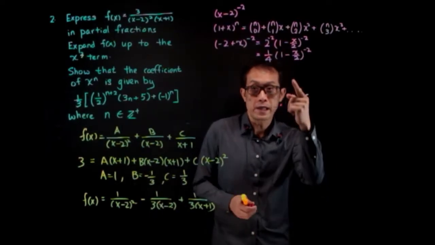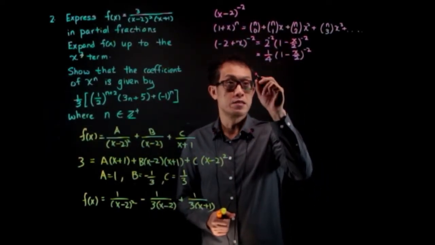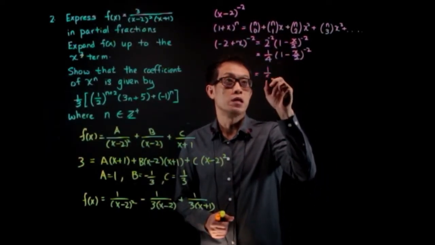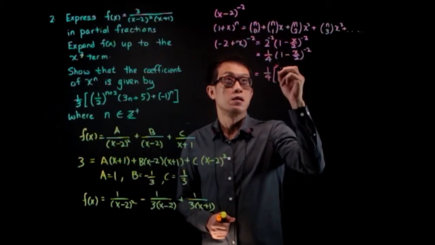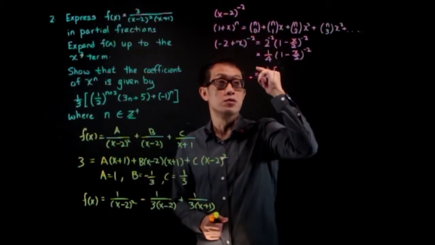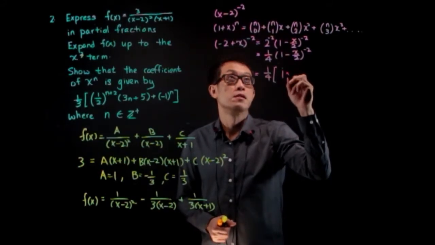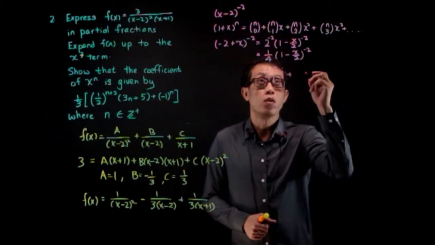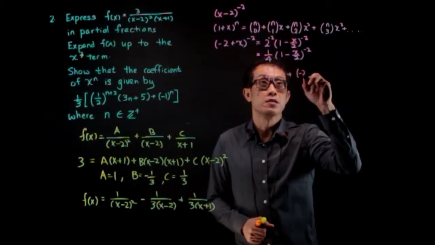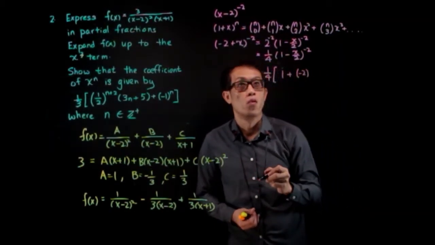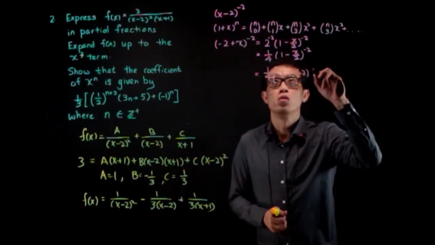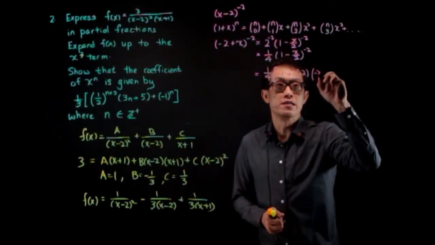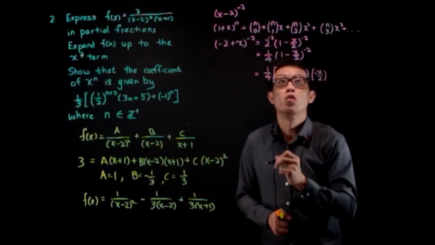Now let me expand this. This will have a quarter. This has nC0 is 1, plus nC1 is -2 into minus x over 2.